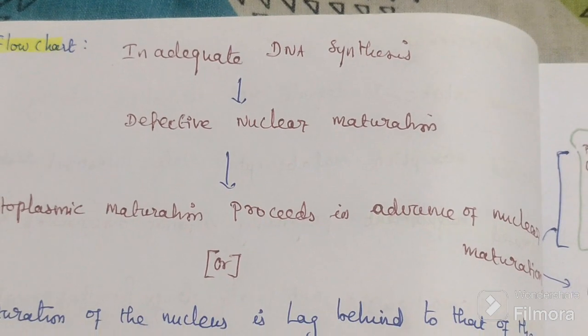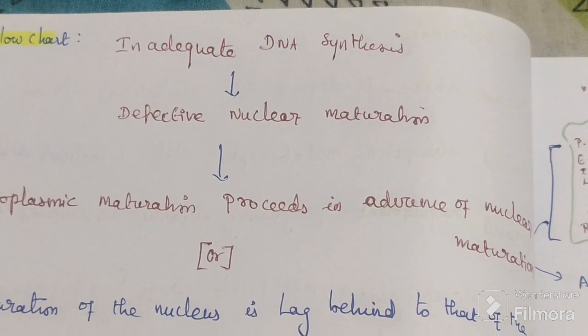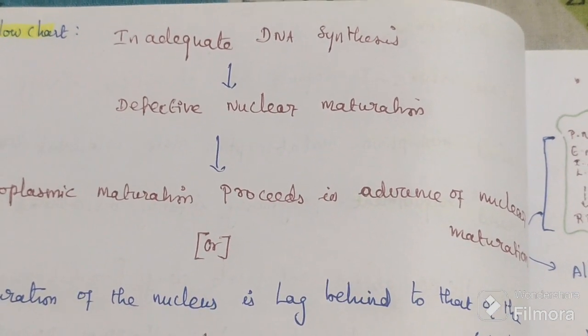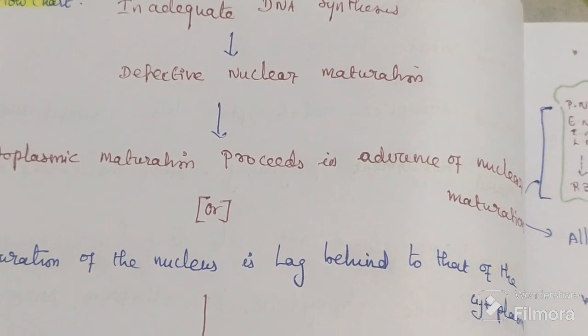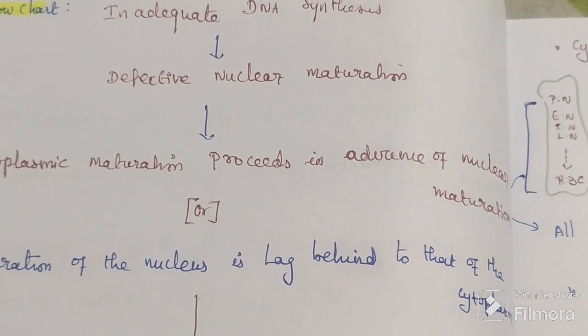Thymidine, so inadequate DNA synthesis, defective nuclear maturation, while cytoplasmic maturation is in advance.